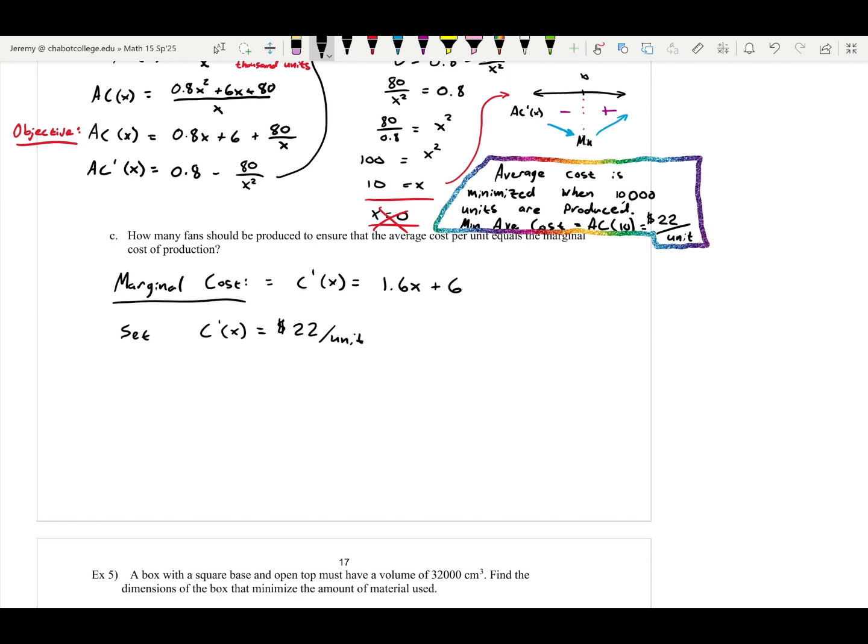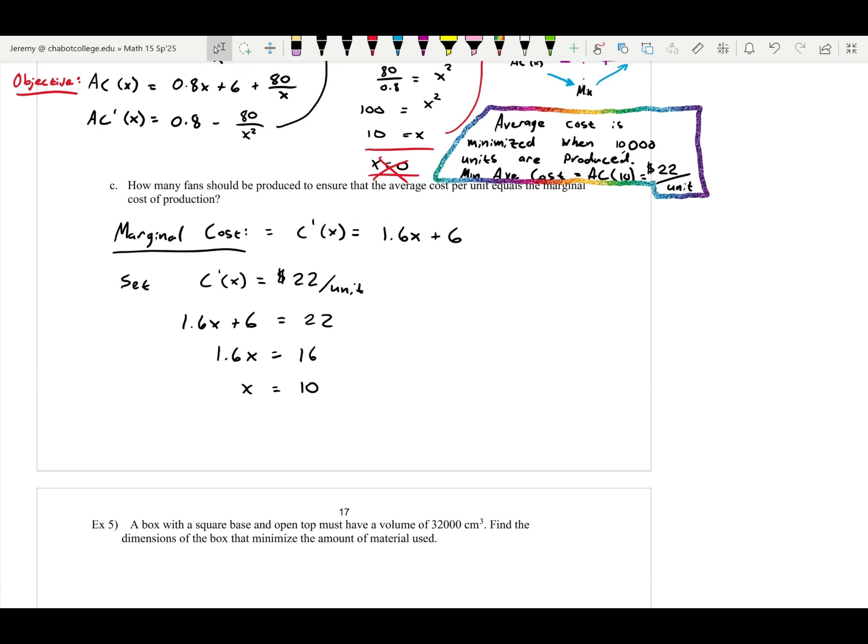Okay, so substituting in my derivative 1.6x plus 6, and I'm setting this equal to that minimum average cost of 22. Solve for x. I'll subtract 6 from both sides and divide both sides by 1.6. I get that x is equal to 10. All right, and remember, x is measured in terms of thousands of units. So average cost will be equal to the marginal cost when 10,000 units are produced.